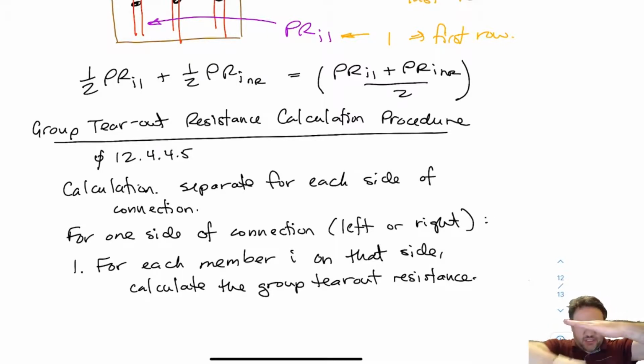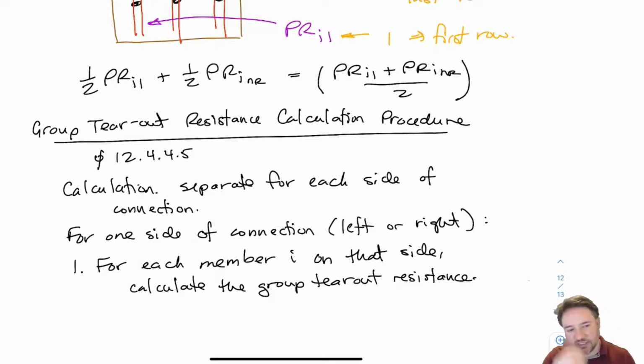So I have my left side, my right side, these are connected together. Sorry, I should do it opposite because of the flip. I have my left side and my right side. These two are joined together. And so I'm going to calculate group tear out for the left side using this approach. And then after I'm done the entire approach, I can come back and find group tear out for the right side, this side here, failing. And that's if both of my sides are wood.